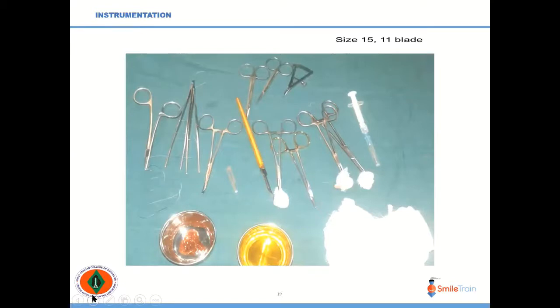Size 15 and 11 blades are the most important thing. The calipers which you will use to measure, then swabs and artery forceps, as well as your needle holder. These are the minimum instruments you need to perform your lip repair. There are other things that could come, but these are the minimum. Next.